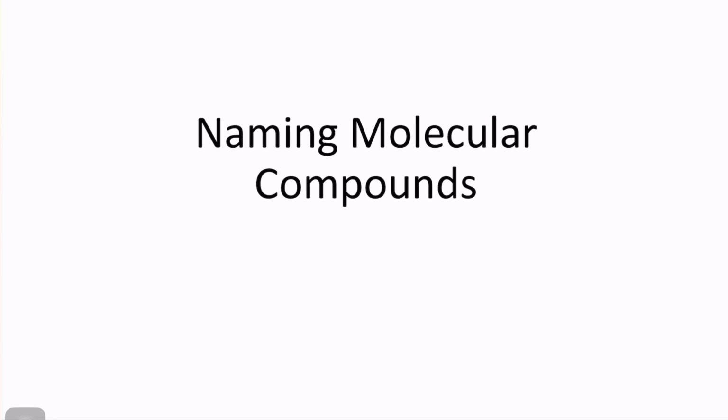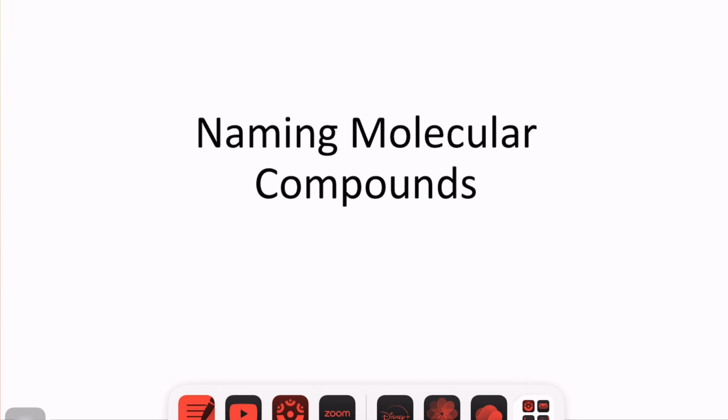Let's go ahead and look at naming molecular compounds. Now, something you have to be aware of is molecules, covalent compounds, molecular compounds, those are all used interchangeably. So don't get confused about that.